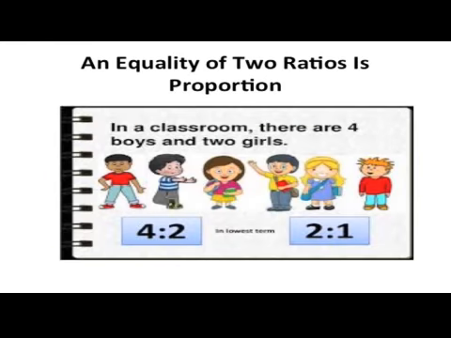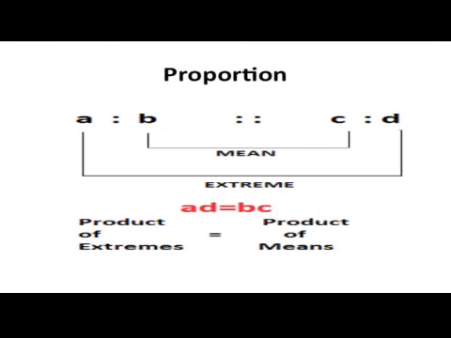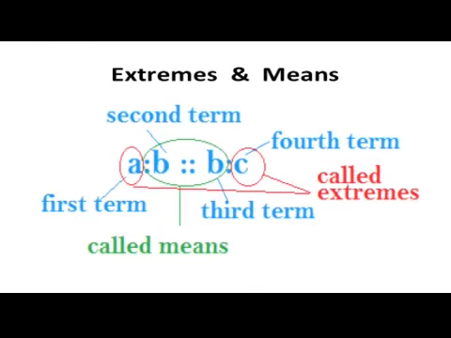An equality of two ratios is called a proportion. If A is to B is equal to C is to D, we can write it as A is to B :: C is to D. The numbers A, B, C, D are said to be in proportion. The first and the fourth term of a proportion are called the extreme terms or the extremes.